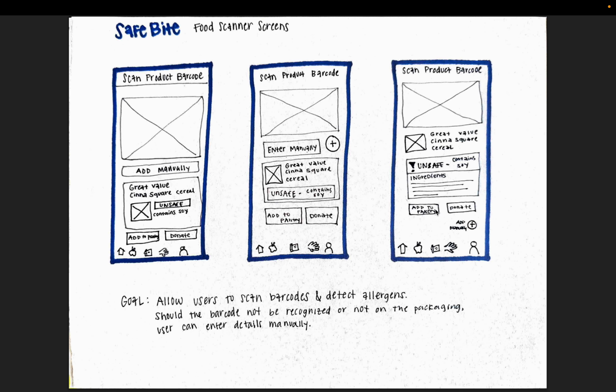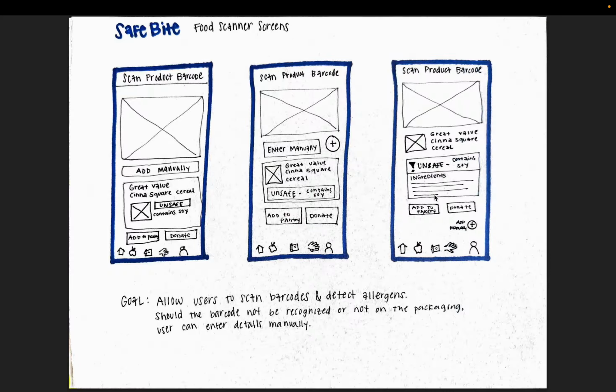I did switch these up to see how exactly I wanted to list it out. Do I want details of the ingredients? Do I want to just keep it simple and basic? Do I want the unsafe marker to be nice and big so they're drawn to it? Or can I keep it subtle since I plan on coloring it?